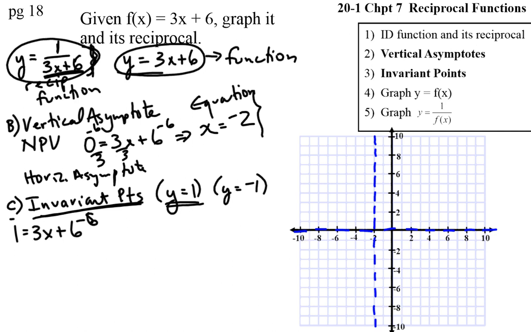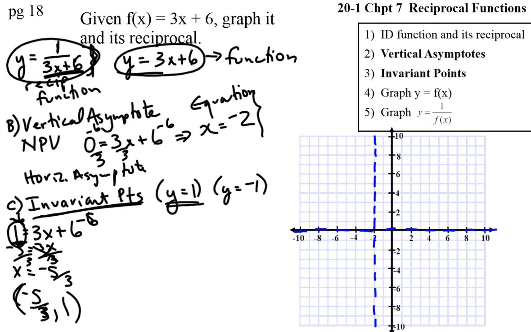Subtract 6 from both sides. Negative 5 equals 3x. Divide by 3. X is negative 5/3. We know at negative 5/3, our y value is 1.